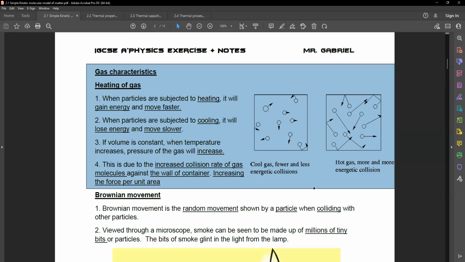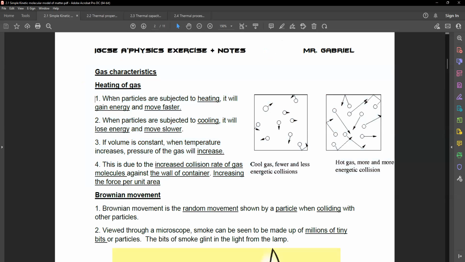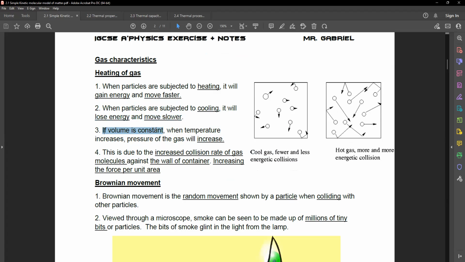So if you refer back to your notes here, guys, it's basically stating that when particles are subjected to heating, they will actually gain energy and move faster. Of course, the opposite will be true as well. When particles are subjected to cooling, right, they are definitely going to lose energy and move slower. If the volume is constant, an increase in temperature is definitely going to increase the pressure. Why? Because of the increased collision rate of the gas molecules, not just the collision rate, guys, and the collision must be against the walls of the container.